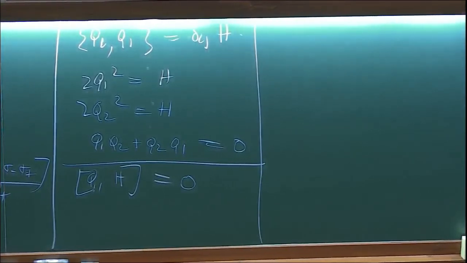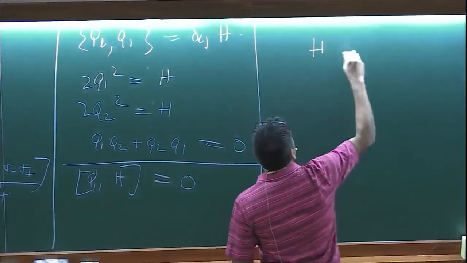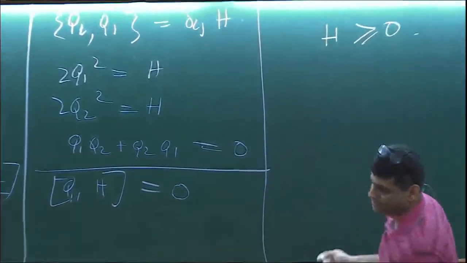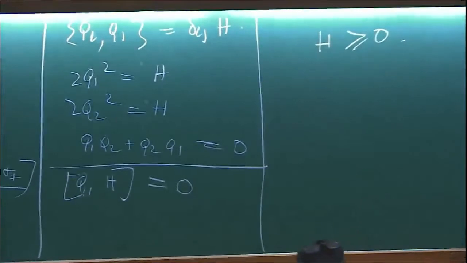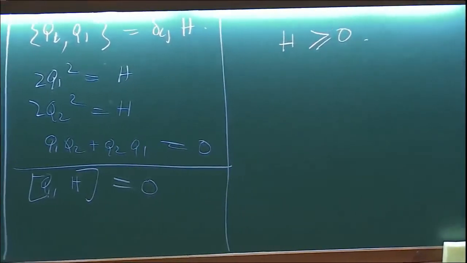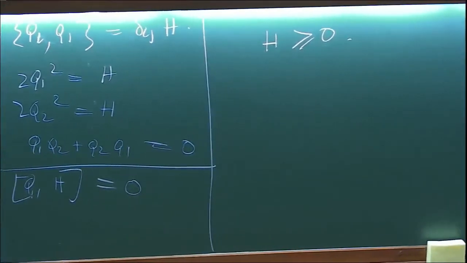So this tells you immediately that in this theory, H is positive definite, by which I mean that the expectation value of H in any given state, or every eigenvalue of H, is positive or 0. It's not entirely obvious when you look at this. You've got the sigma 3 that has eigenvalues plus minus 1. But once you think of it this way, H is clearly a positive definite operator.